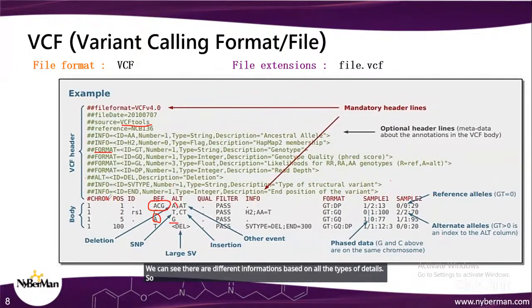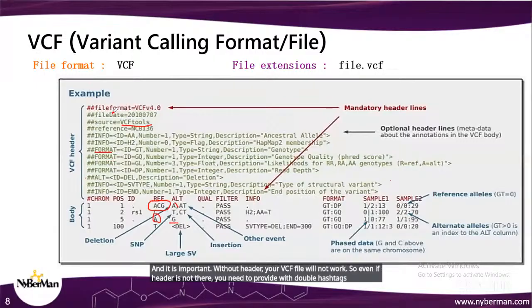We can see there are different pieces of information based on all the types of details. Most of the time you will not be explaining or examining the header, because the header will always be there in your VCF file, and it is important. Without a header, your VCF file will not work. Even if the header is not there, you need to provide it yourself with double hashtags.